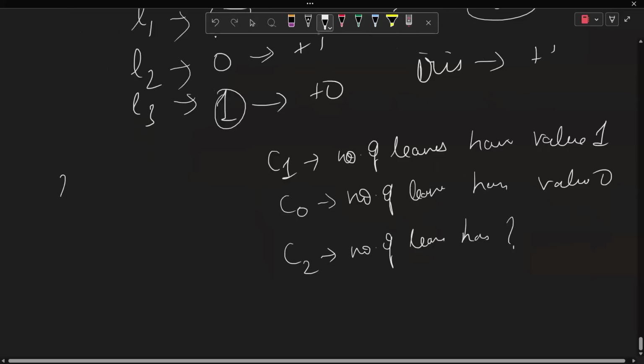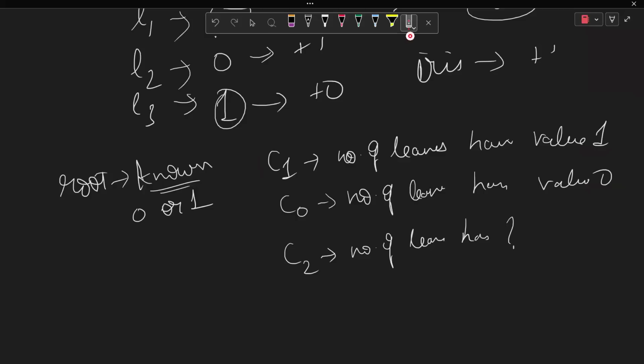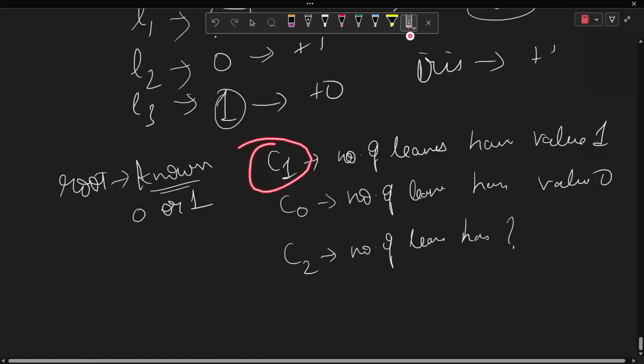So if the root is known, it is not a question mark, either 0 or 1. Then for the leaves where the value is 1 and 0, their score is also known. You don't need to replace any question marks here. Their score only depends on this C1 and this root value.